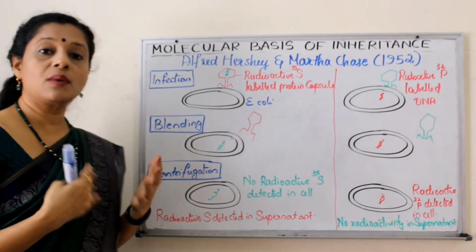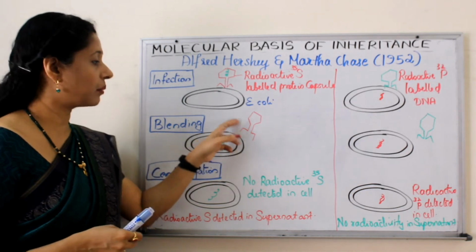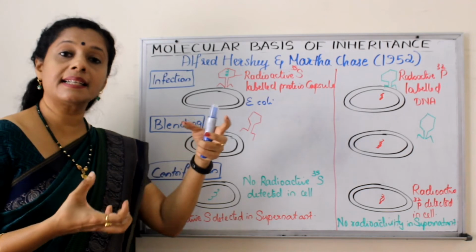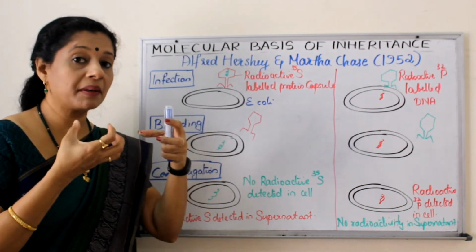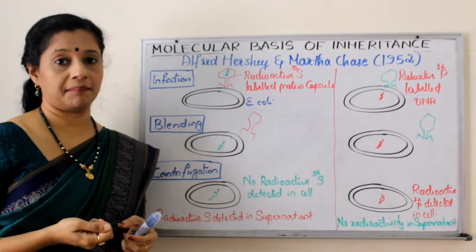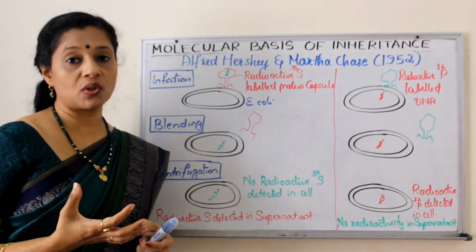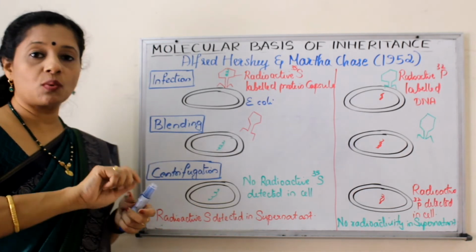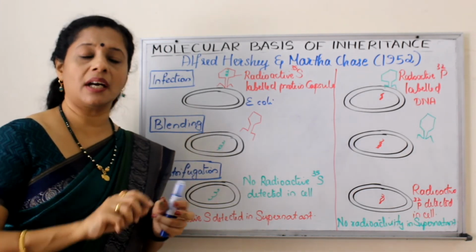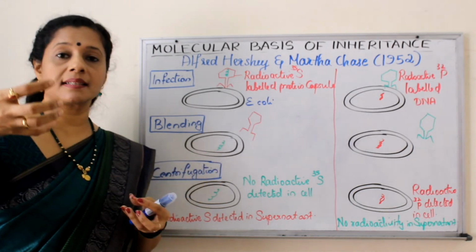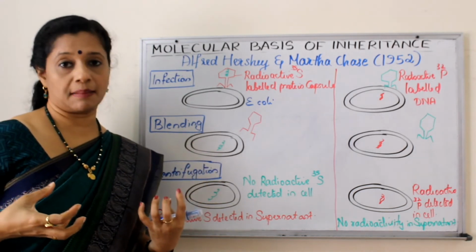Once the infection was going on, the protein coat is attached to the surface. To detach the protein coat of the virus from the bacterium, they blended it using a blender. So this experiment is also called the blender experiment. That was the second stage, blending. It's like a mixer jar; they blended so that the virus coat and the bacteria separated.